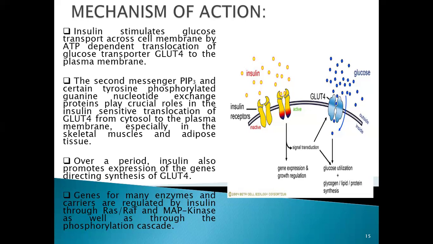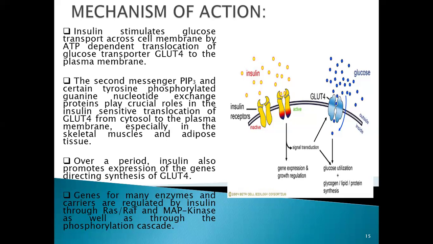So in simple words, whenever the insulin comes and binds to the insulin receptors on the cells of the fat and skeletal muscles, it will help in the translocation of the GLUT4 transporter from inside the cytoplasm of that particular cell to the plasma membrane, so that the GLUT4 allows the glucose from the blood to enter the cells, which undergoes glucose utilization, glycogen and lipid synthesis, etc. So that is essentially the basic mechanism of insulin and its action with the help of GLUT4.